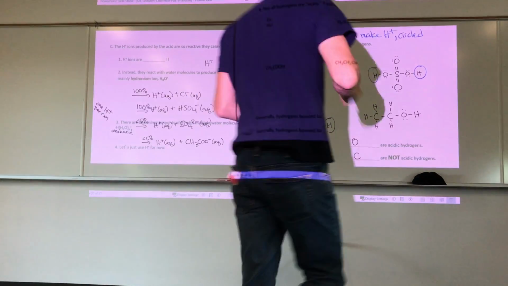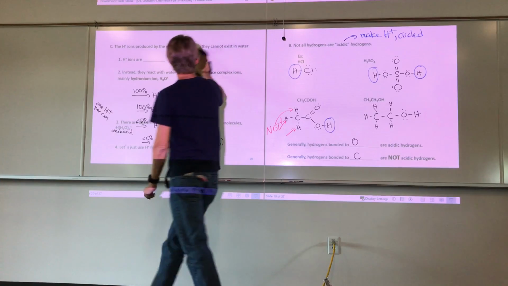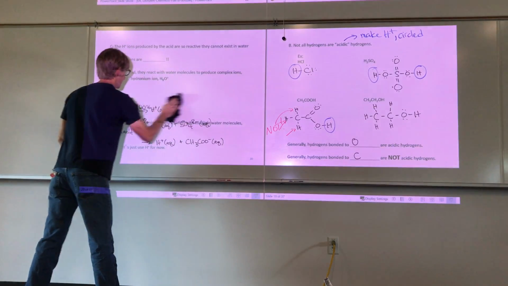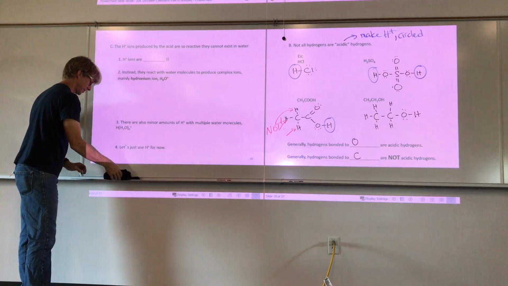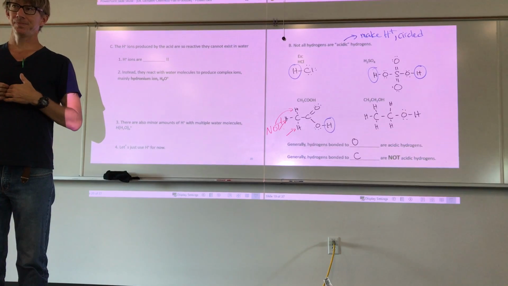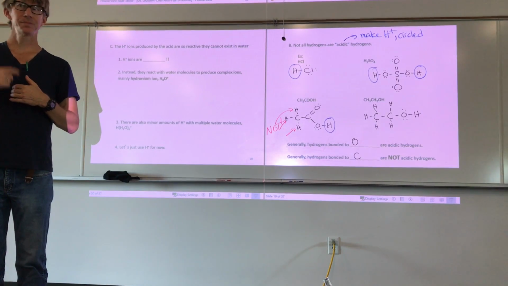More about H+. The H+ ions produced by the acid are so reactive they cannot exist in water. I am a hydrogen atom. How many protons do I have? 1.